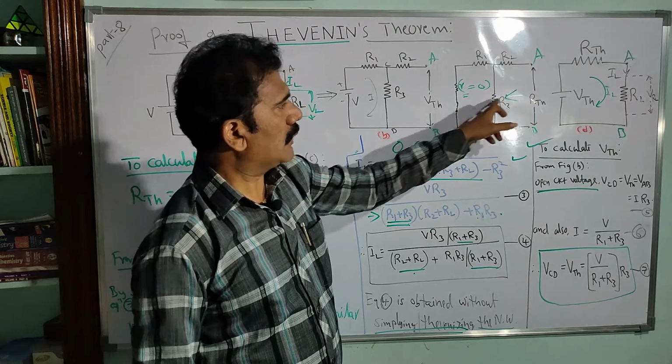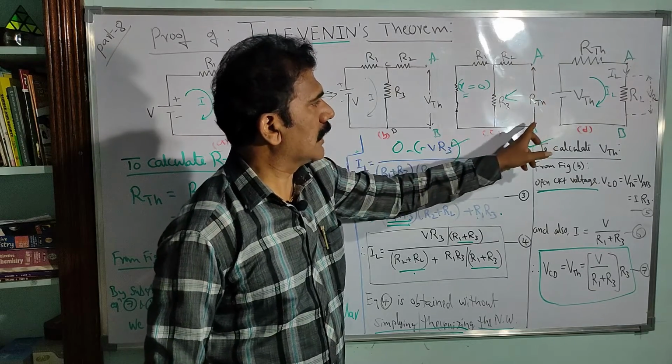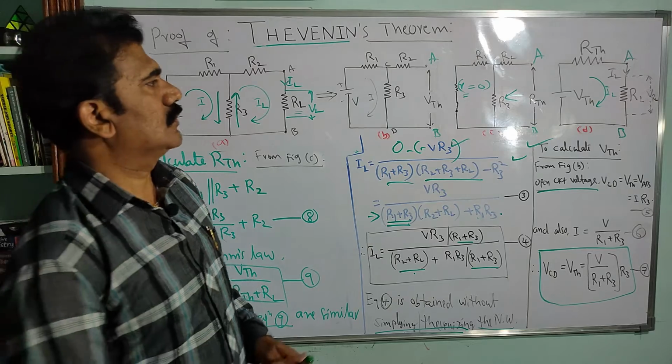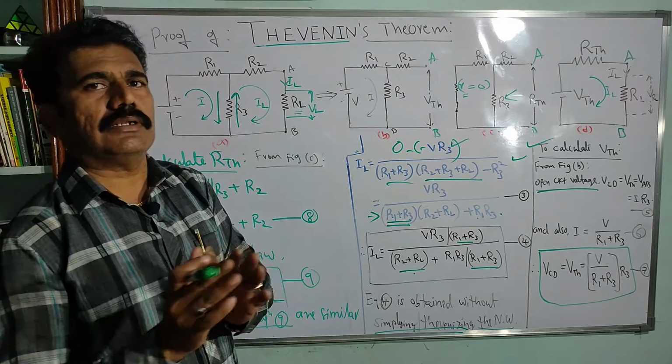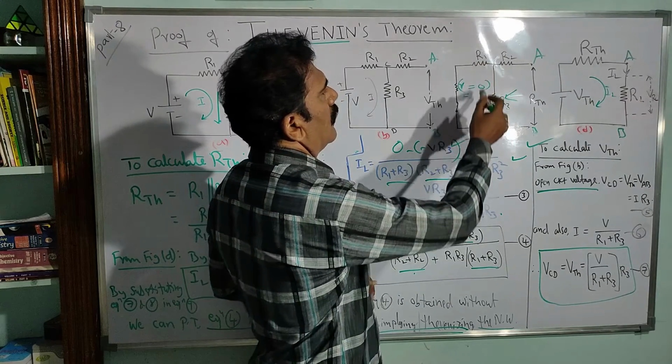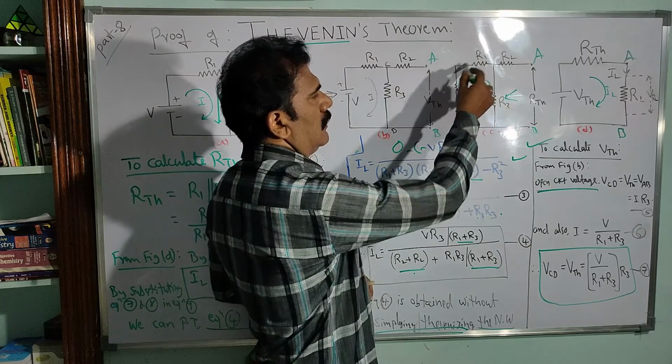Looking back into the circuit from these open terminals A and B, how do you find the equivalent resistance? You have to see which resistors are parallel and which are in series. In this loop, R1 and R3 are parallel to each other.